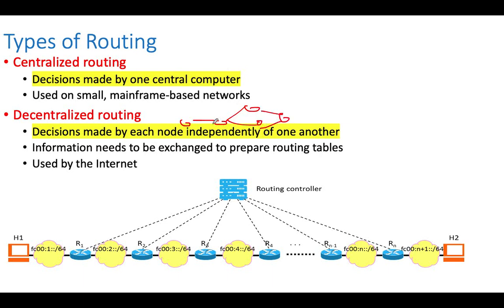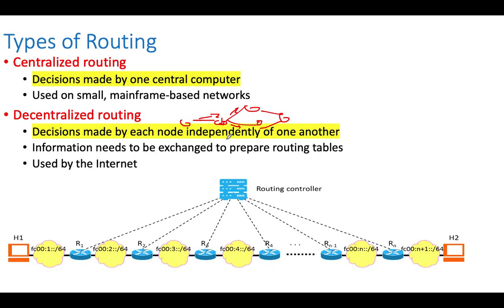Which direction the packet will go, each router will decide, either here or here. Based on what? As I told you, based on the metrics, which involve bandwidth, latency, error rate, delay, whatever, many options.